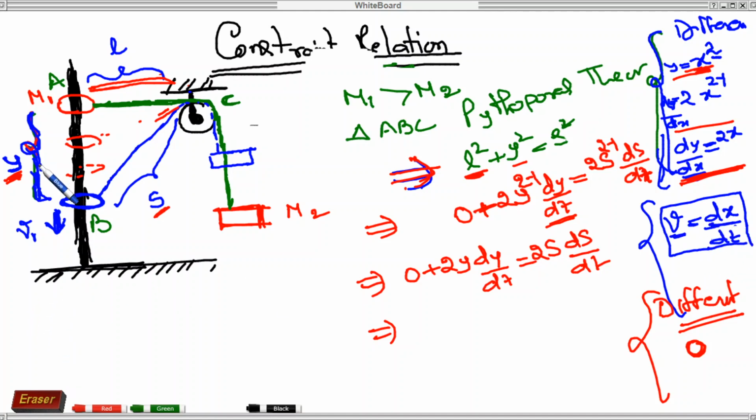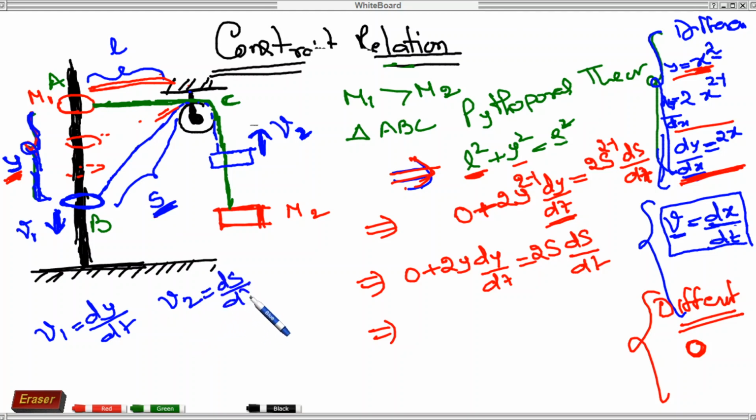Here v1 is equal to dy over dt. Suppose m2 is coming up with velocity v2. So v2 is equal to ds over dt.